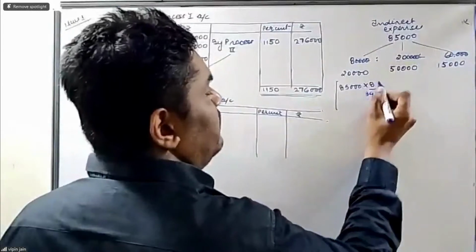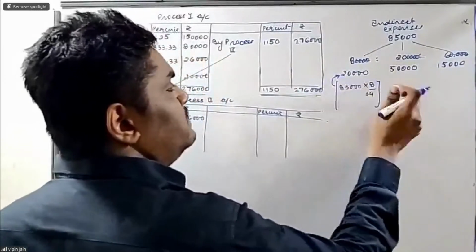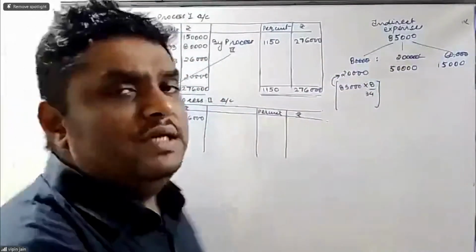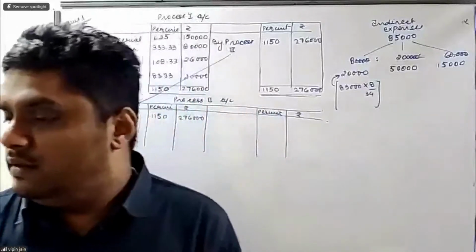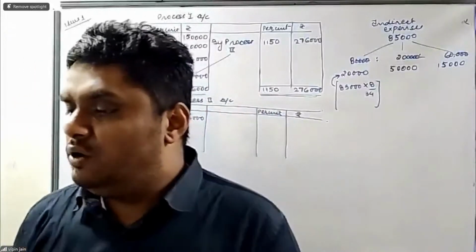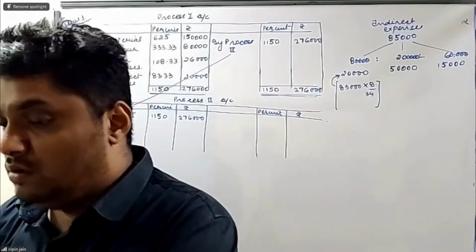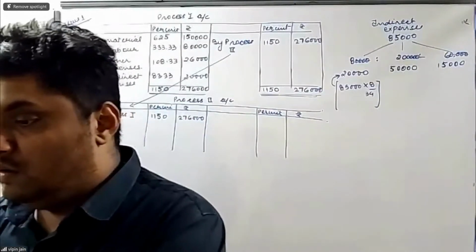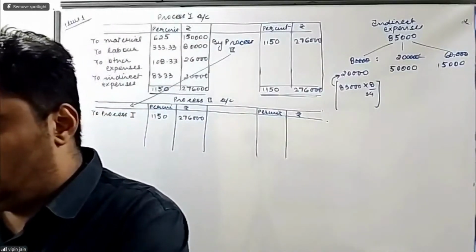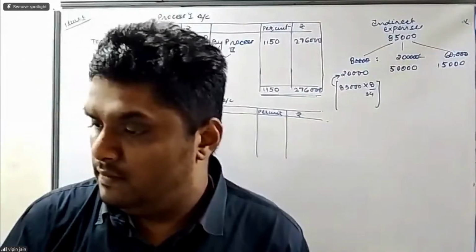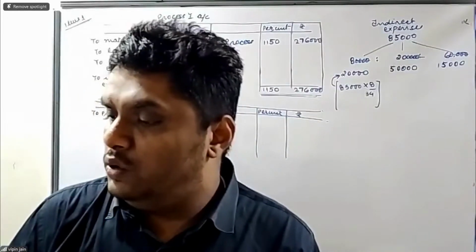So this is 34. So this is how 20,000 and accordingly 50,000 and 15,000 are calculated. I hope your query is resolved, Bhavna and Suvendu.